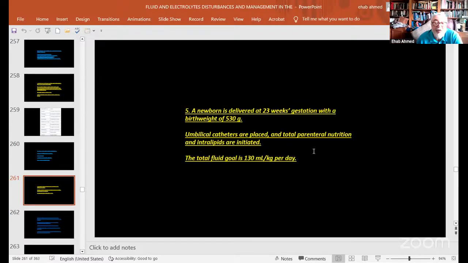Think about it. Number 5, a newborn is delivered at 23 weeks, birth weight 530 grams, has a UVC and UAC, TPN started, total fluids 130 per kg per day.